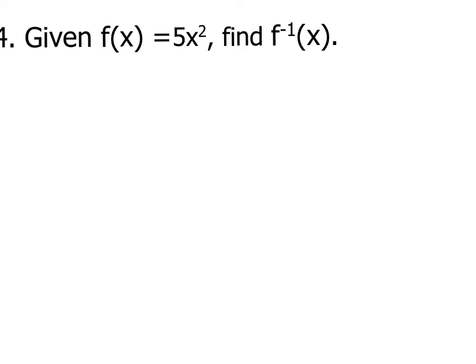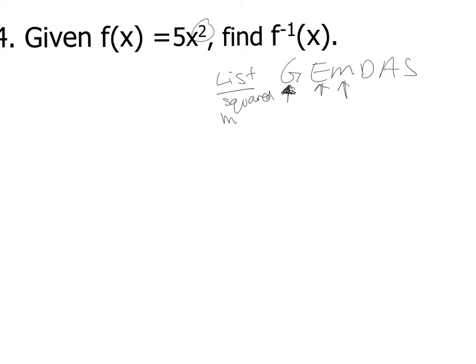For the next one, if I look at GEMDAS, there are no groups, no parentheses, no division or square roots. So the next thing I'm going to list is the exponent. So I first squared, and then I multiplied by 5.